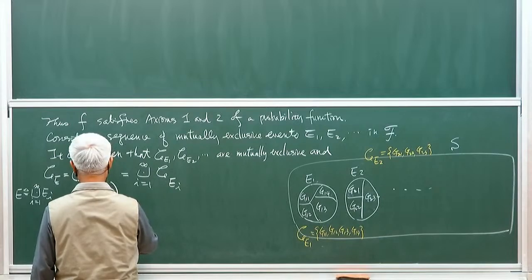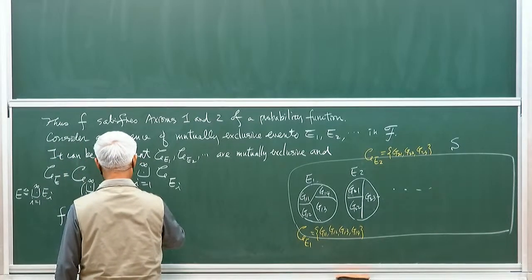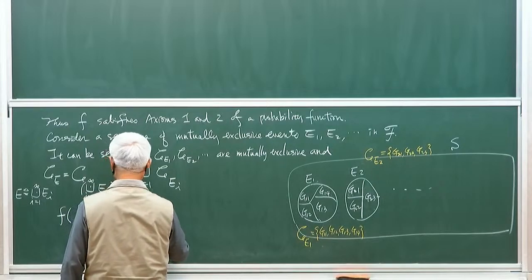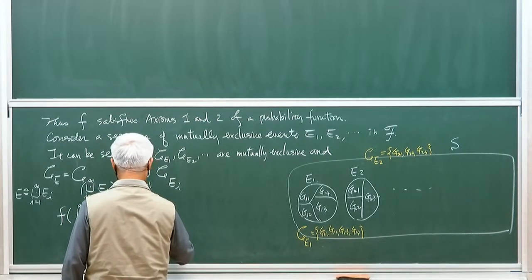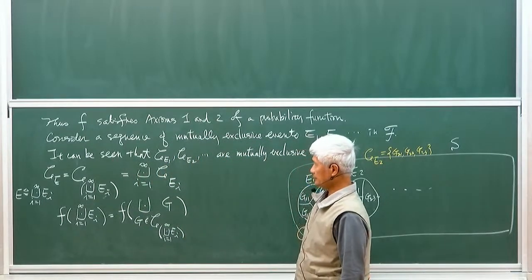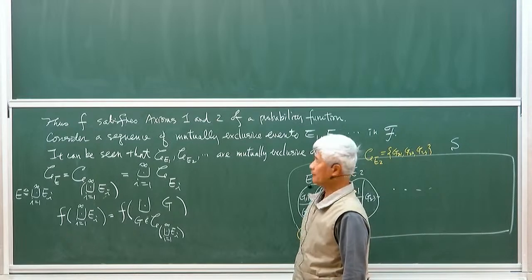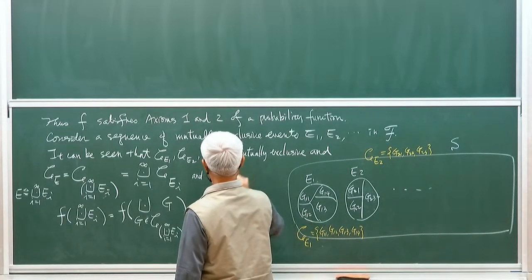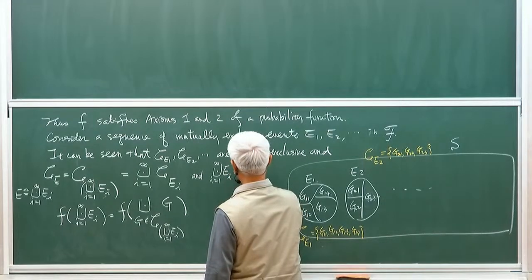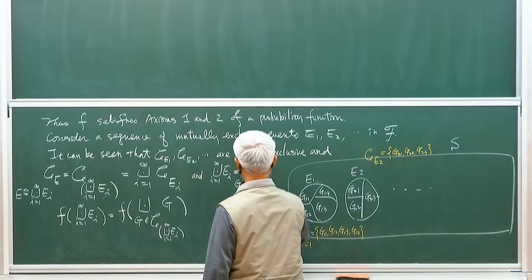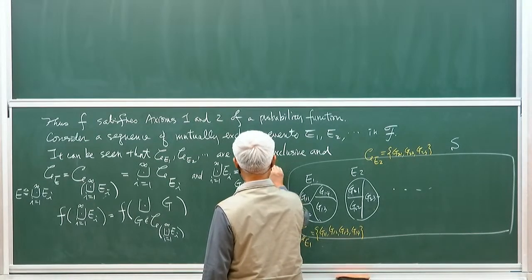Now we know by definition, this is just f of the disjoint union, where G belongs to E. Maybe I will say the union.